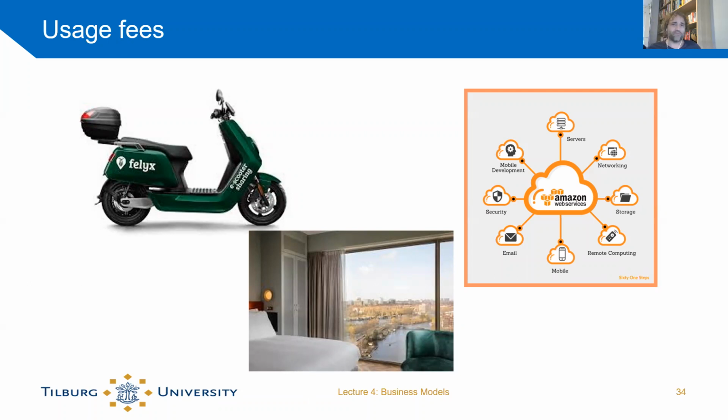Maybe interesting to tell that Amazon also earns a lot of money by hiring out the computing facilities they have. So for example, if you want to do a task which requires a lot of computing power, you can use Amazon Web Services and you pay for the amount of computing power you use. So basically usage-based fees: the longer or the more you use it, the more you pay.